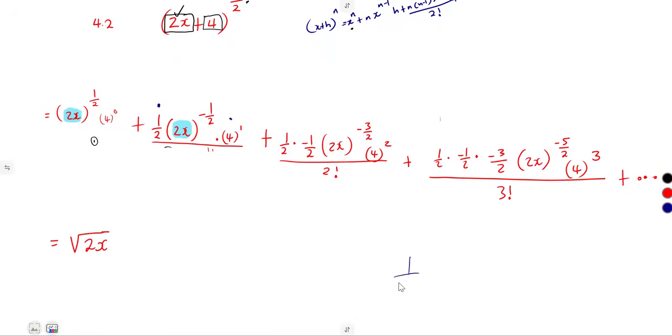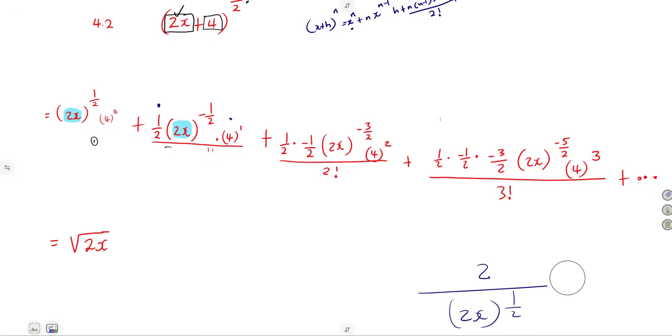You can just use your calculator, guys. 1 over 2 times 4, that's 2. As we can see, it's a negative: the 2x is raised to a negative exponent. So it was going to be 2 over 2x to the exponent of a half. Since it is carrying a negative, you take it to the denominator.